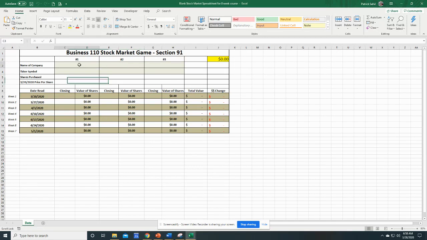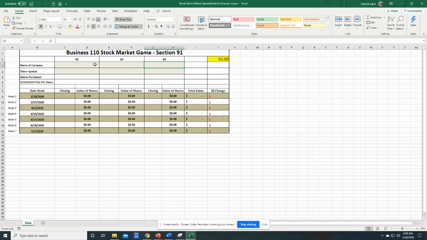Essentially, you're going to pick 3 stocks that you are going to track over these short 7 weeks. Now, ideally, the stock market is not meant to be played over 7 weeks. You really want to invest for the long term. I don't ever encourage students to be day traders, but some of you may go on to pursue that.